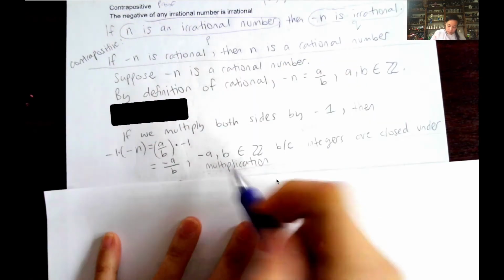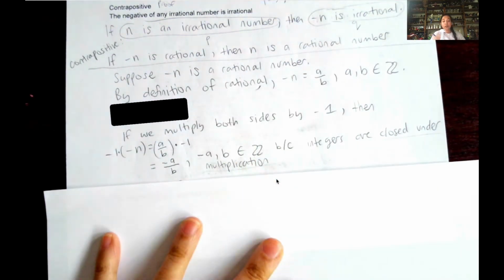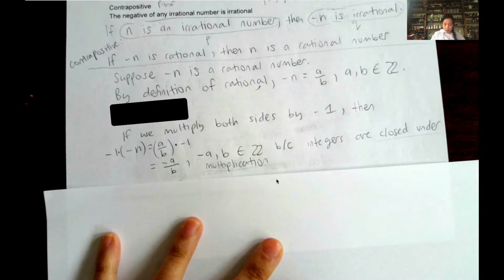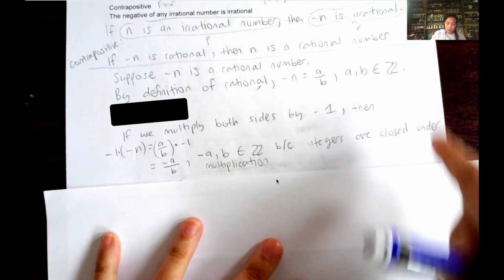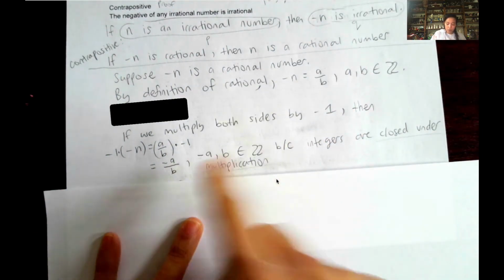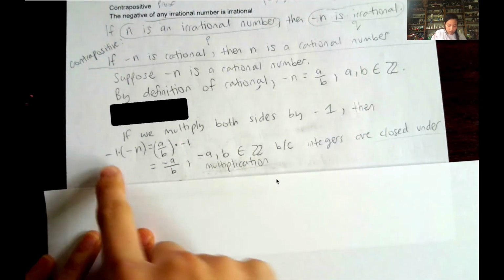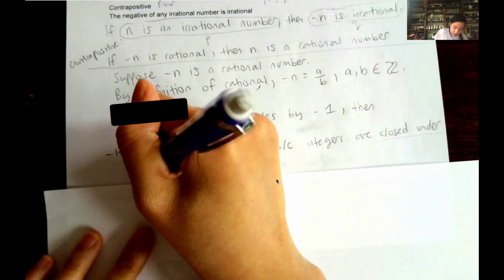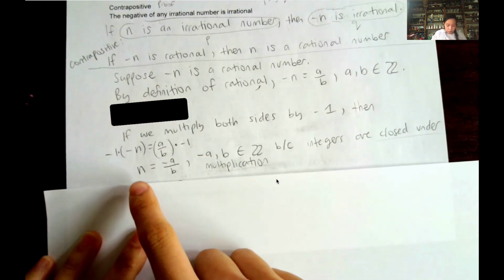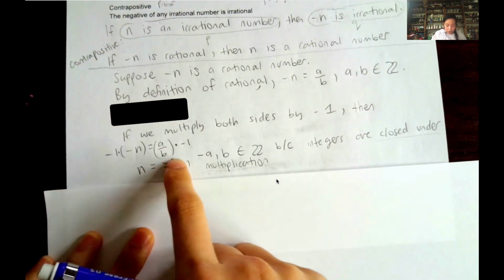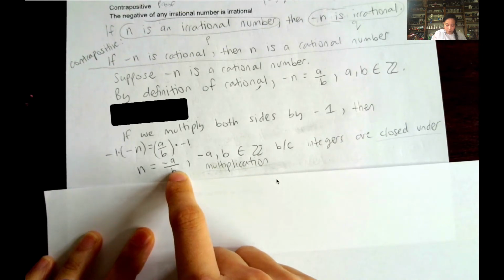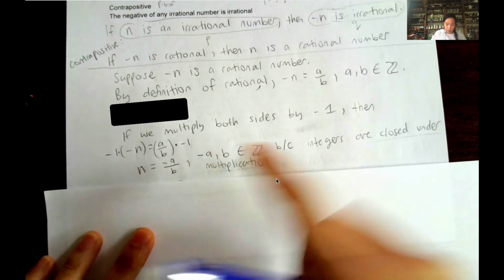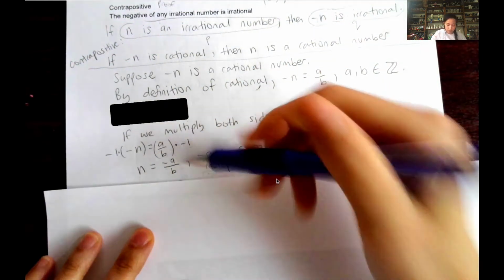So here, -1 times a creates an integer because -1 is an integer and a is an integer. So -1 times a, whatever that is, is an integer. Also keep in mind that -1 times -n is n. So we just showed that n equals -a over b, and n equals a quotient of two integers.